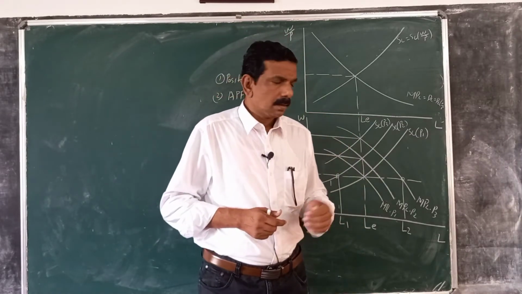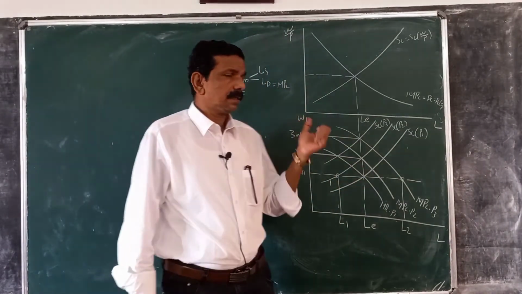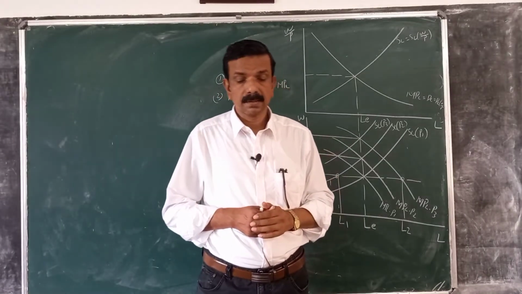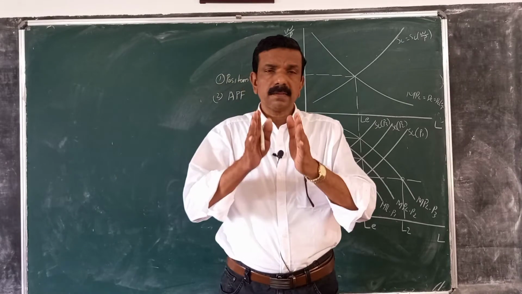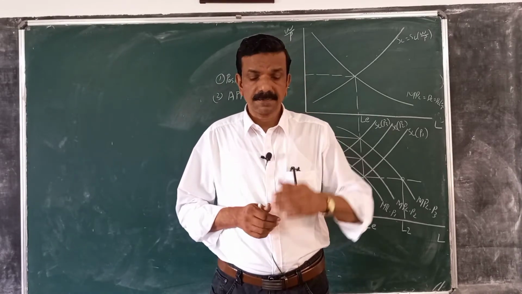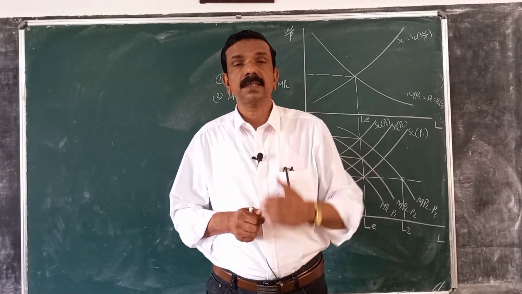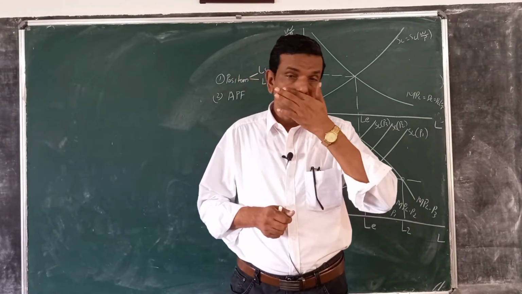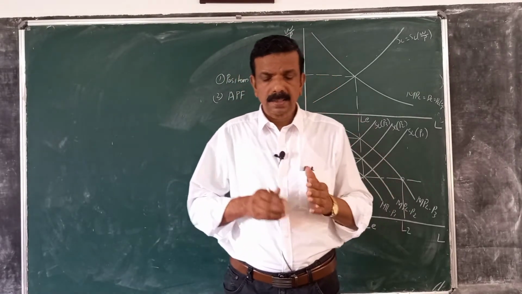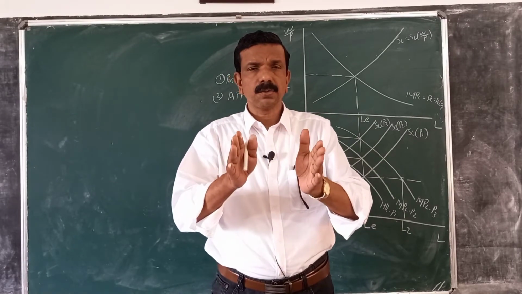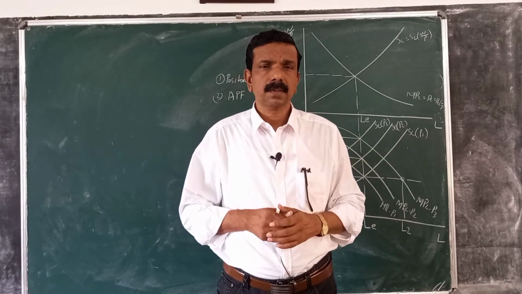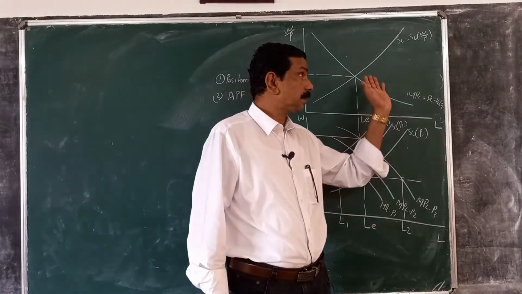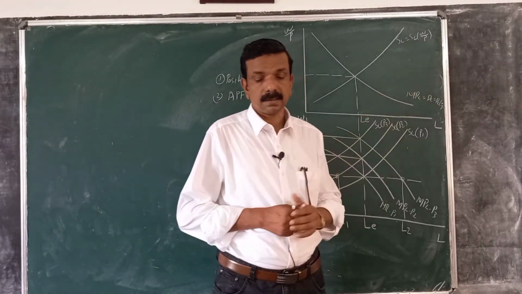Similarly, from the derivation of the LS curve, the labor supply curve, we have shown that this relation will change if the size of the labor force changes, and the size of the labor force changes due to population growth. If there is an increase in the population, the labor supply curve will shift towards the right.